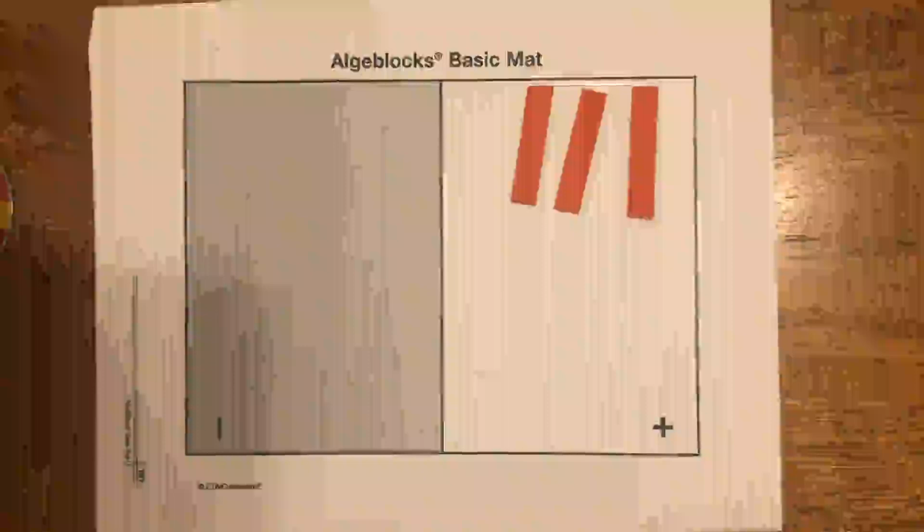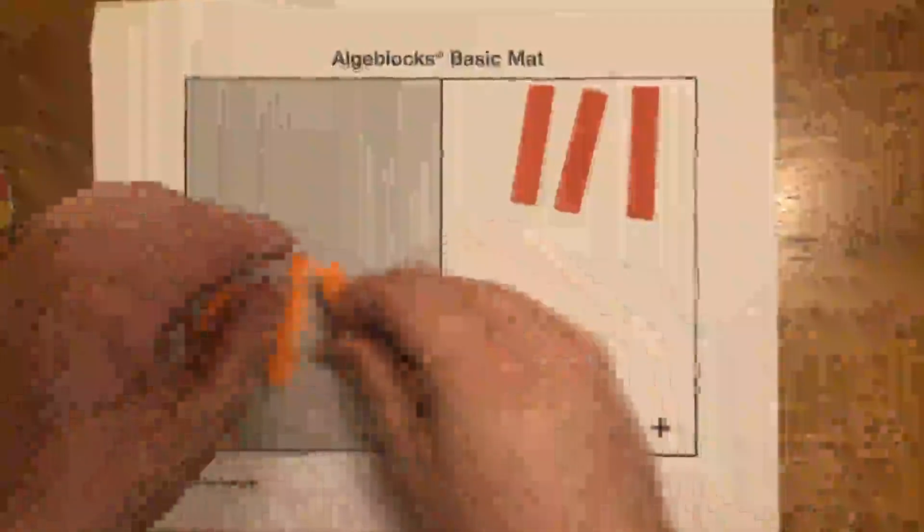Our third problem is 3x minus -5x. To start off, we're going to put 3 of the x values onto the map to indicate 3x. Now, to subtract -5x, we need to have 5 x's on the board for both sides. So we're going to put 5 on this side.